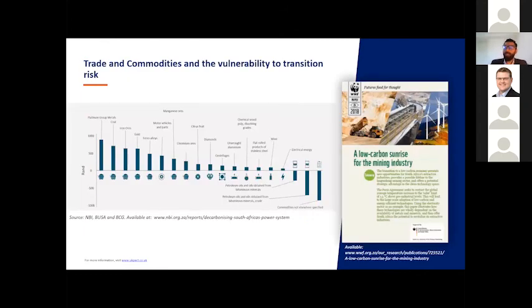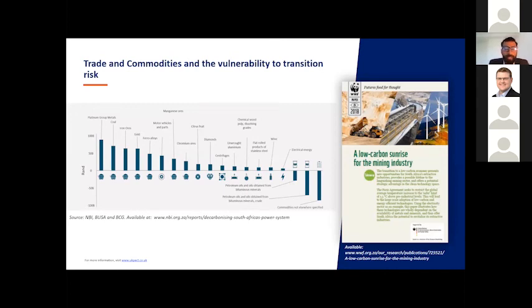Important for the attendees today and for the audience for labor is around the commodities and industries in South Africa that are exposed to climate change risk. And this was a resource that's produced by NBI, BUSA, and Boston Consulting Group that is talking about how the decarbonization of South Africa's power system will affect certain industries, from platinum to coal to iron ore.